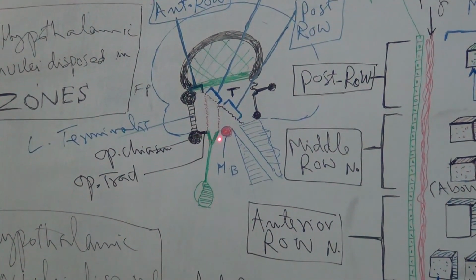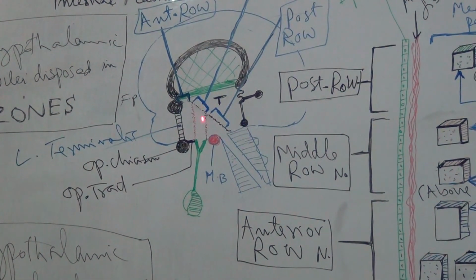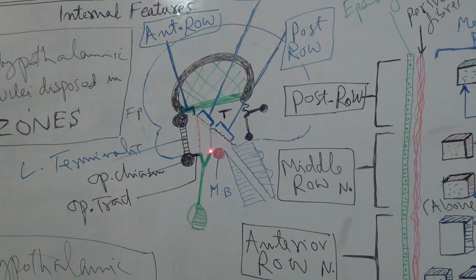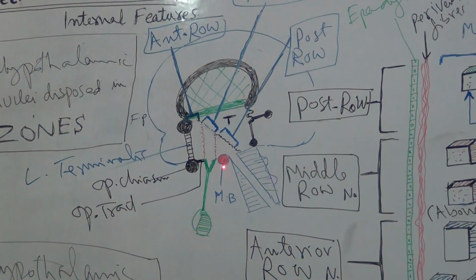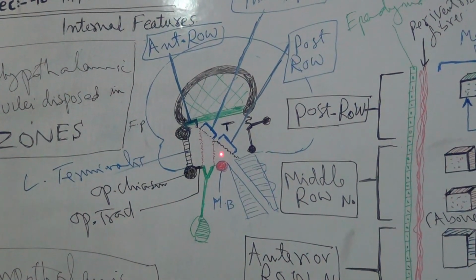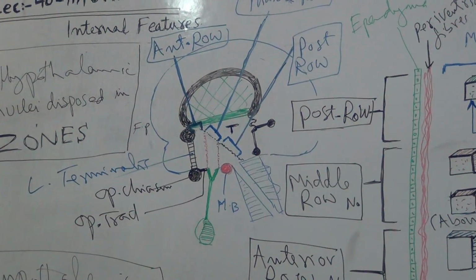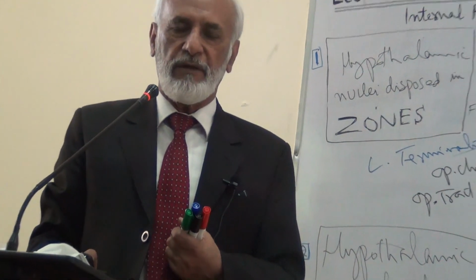Then behind it, there is tuber cinereum, infundibulum, pituitary. So the nuclei above the tuber cinereum are dorsomedial, ventromedial, and arcuate nuclei. Then the nuclei above the level of mammillary body: lateral nucleus, posterior nucleus, and also nuclei of the mammillary body. So this is how we describe the different nuclei of the hypothalamus.